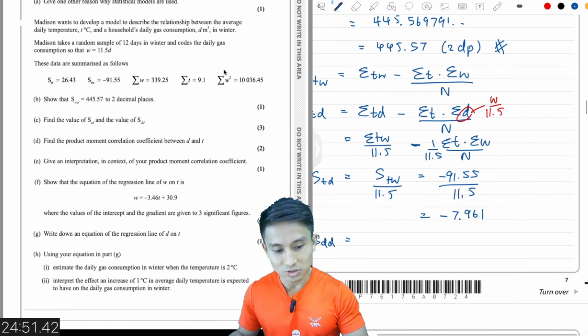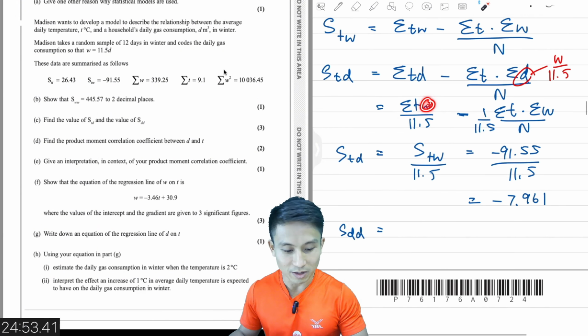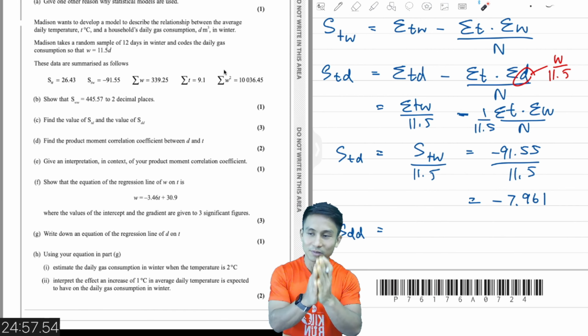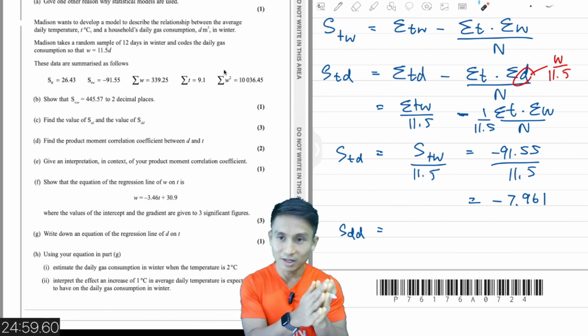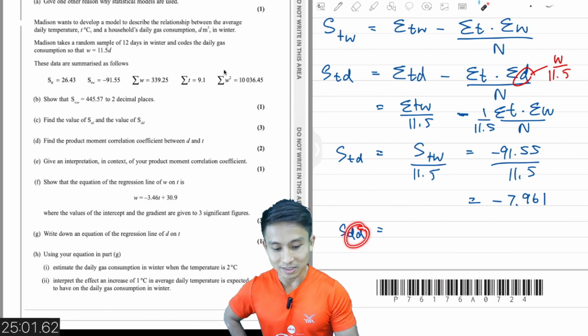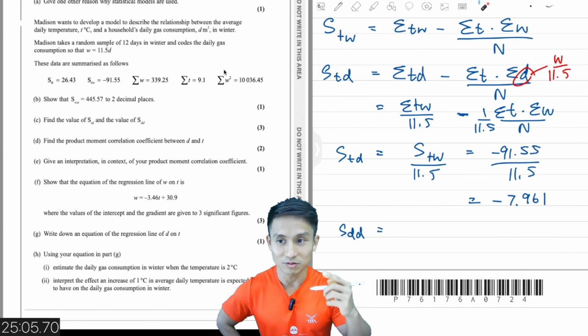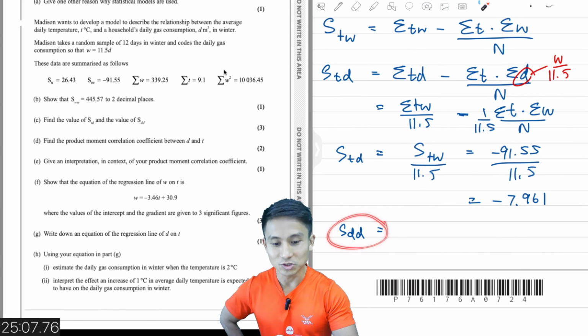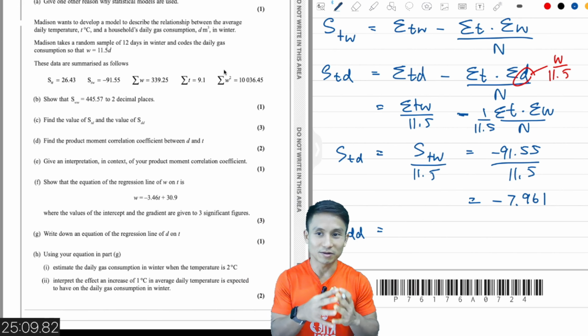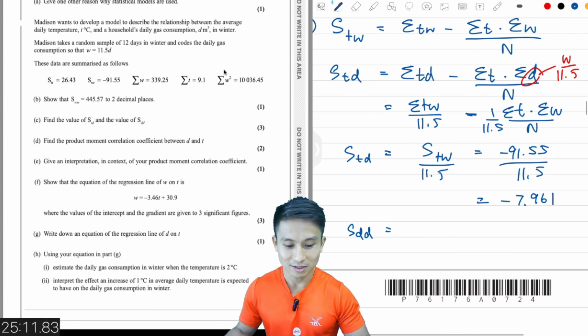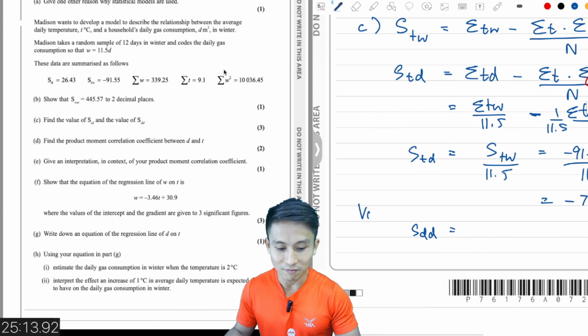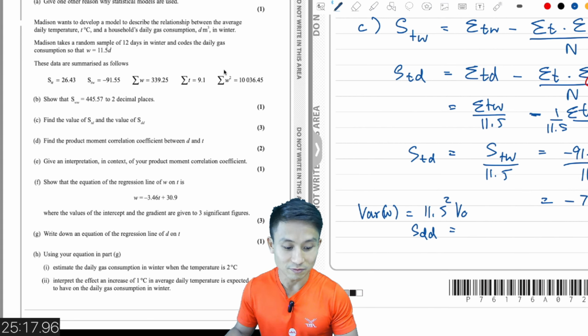So when you change from one W to one D, it's going to divide by 11.5 once. But when you change two letters from W, because we have SWW from part B, it's going to divide 2 times. It's just like finding coded variance, right? So I can also write that var of W is going to be equal to 11.5 squared var of D.